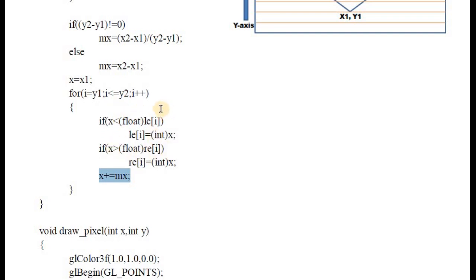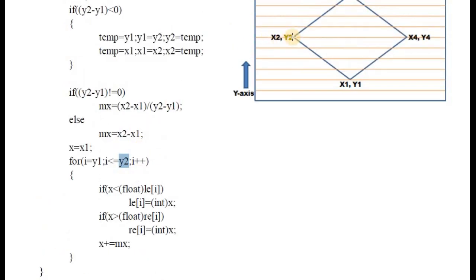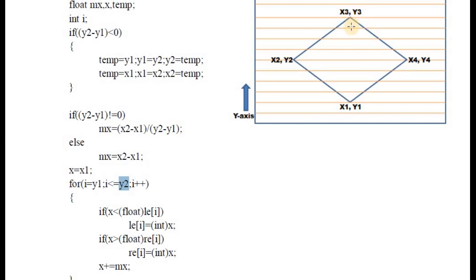So how it initializes is LE of 200 equal to 200, so on up to the y2 value, which is 300, where your stored x value would be 100, that is at this point. LE of 300, that is the 300 is the y value, would be equal to the x2 value, which is nothing but 100 over here. So until this point your left edge value and right edge value will be the same.